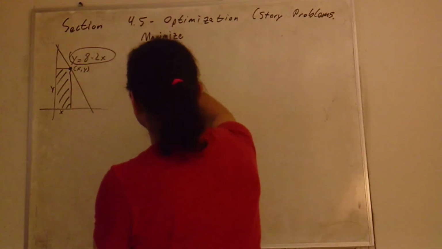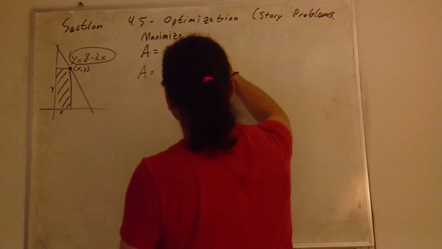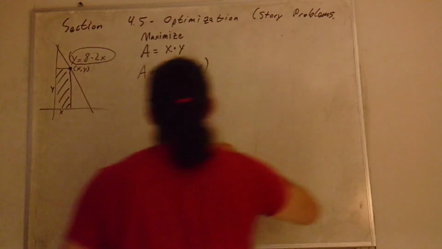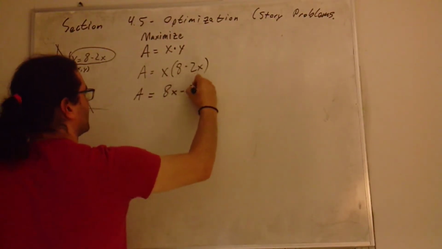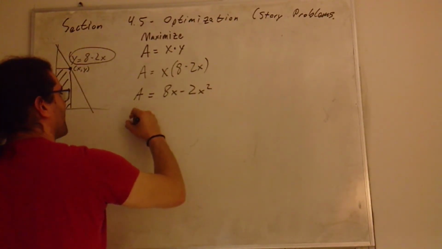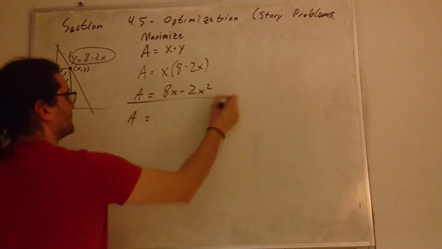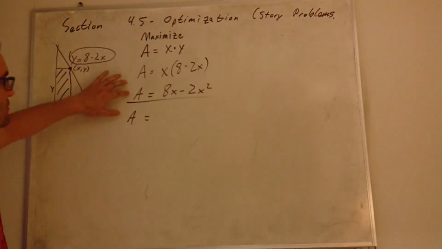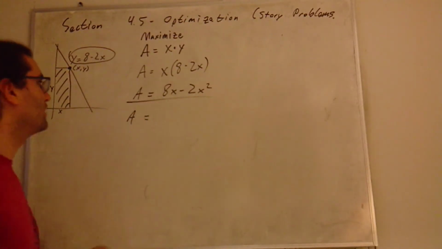So I'm going to replace y here with 8 minus 2x. So I'll get A equals 8x minus 2x squared, and this is now the function that I'm trying to optimize in terms of one variable.